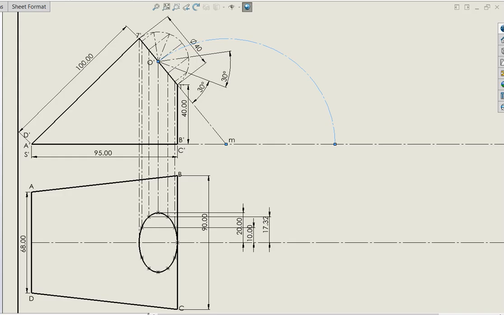Then I drop it down vertically downward. Same with this other point M here, I'm going to drop it down.